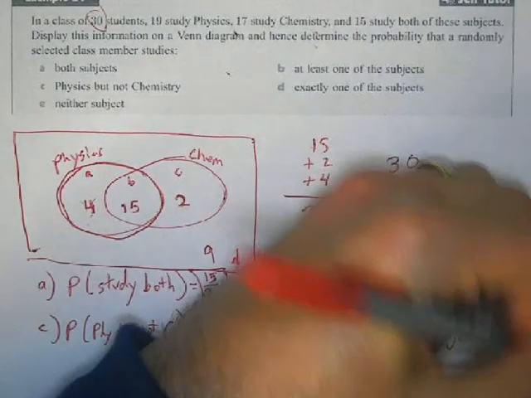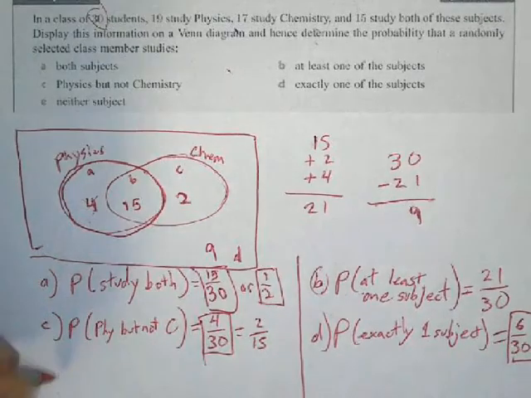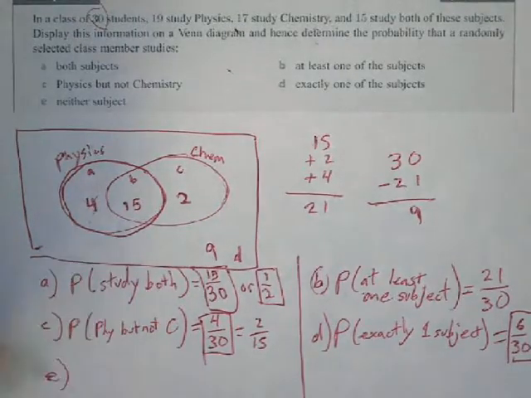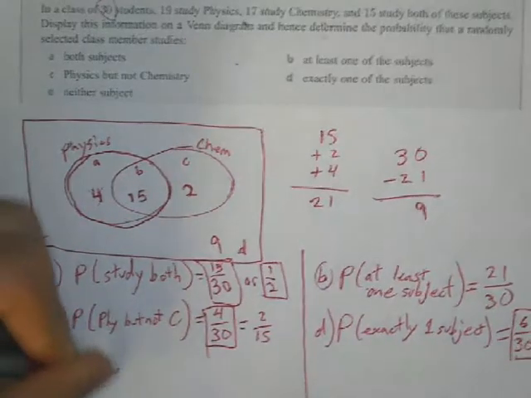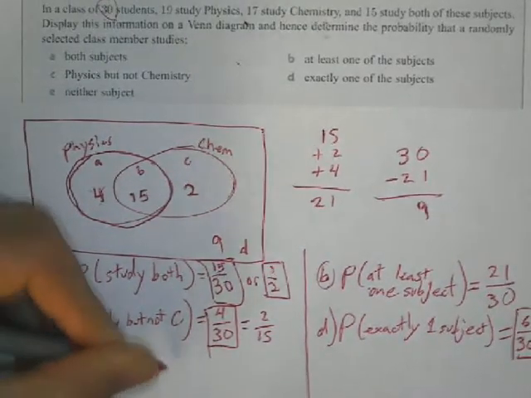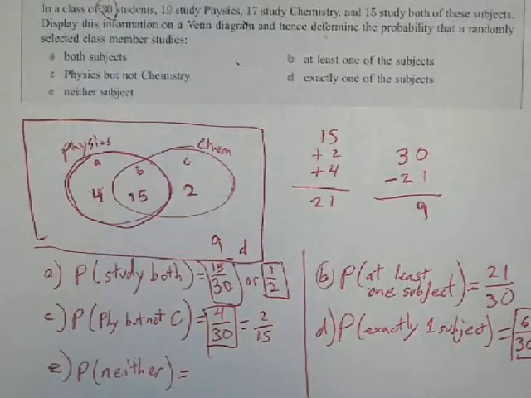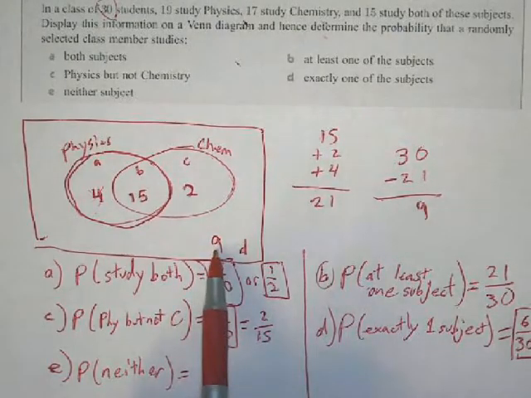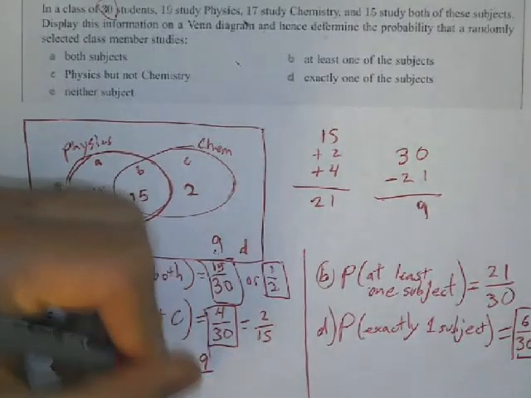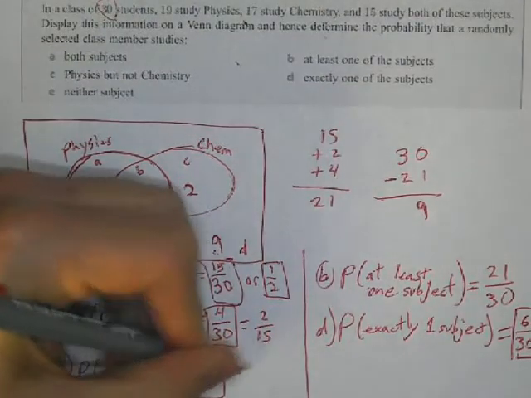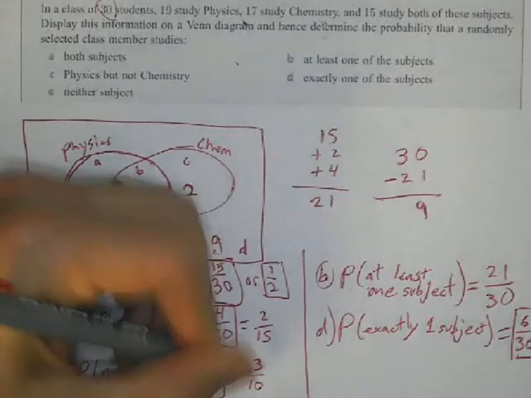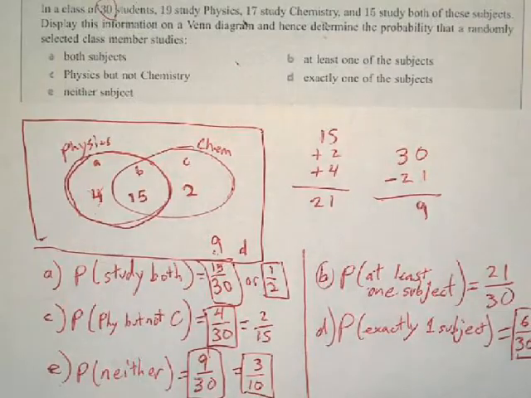Either answer is right. Let's do question E. Question E, neither subject. Okay, so neither is this 9 outside, so it's 9 out of 30. We can simplify that to 3 over 10. Either answer is right.